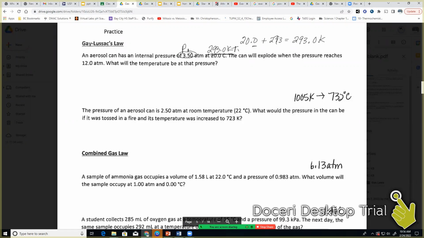The can will explode when the pressure reaches 12 atmospheres. So that's my P2. What will the temperature be at that pressure? That is my T2.